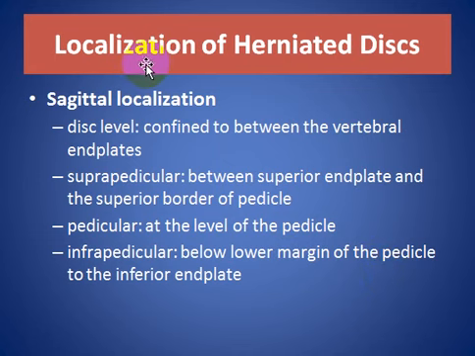We have the sagittal localization: at the level of the disc, confined between the vertebral end plates; suprapedicular, between the superior end plate and the superior border of the pedicle; pedicular, at the level of the pedicle; infrapedicular, below the lower margin of the pedicle to the inferior end plate.